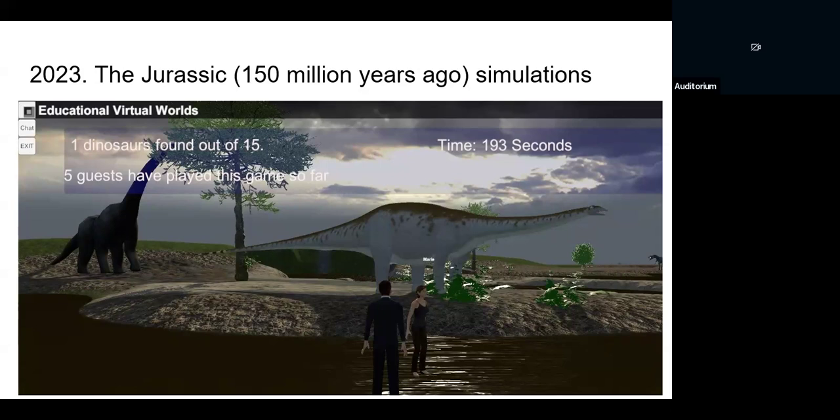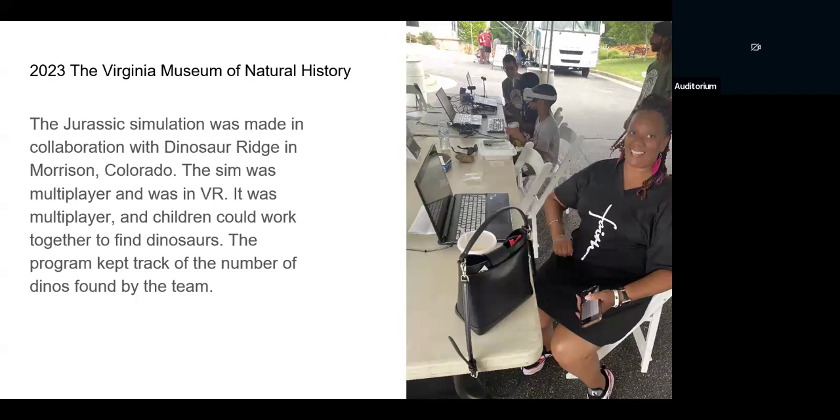So as a couple of students ran around in the VR headsets finding dinosaurs, when one person on the team found one, the information got sent to the other teammate, or vice versa. It was a way of quickly having people find these animals. And every time they found one, a pop-up would appear with information about it.